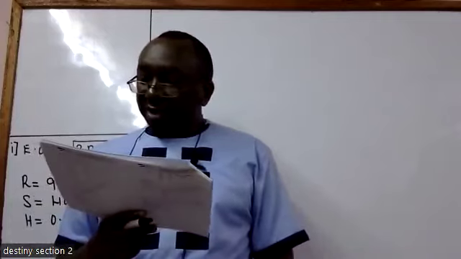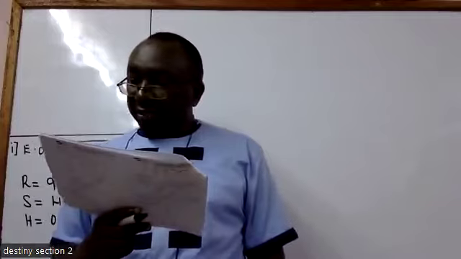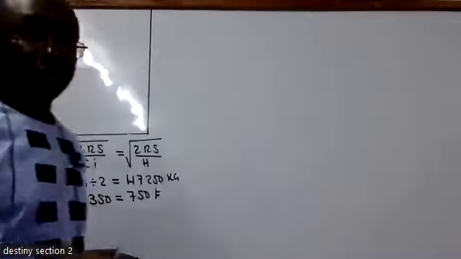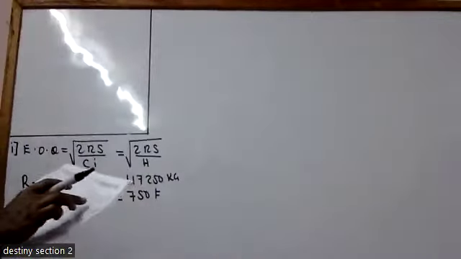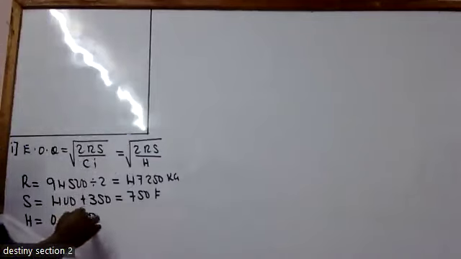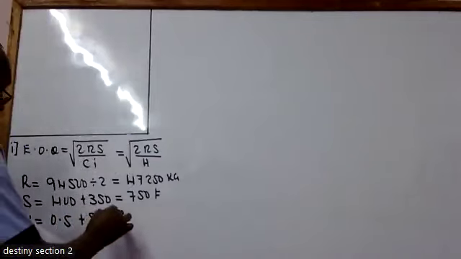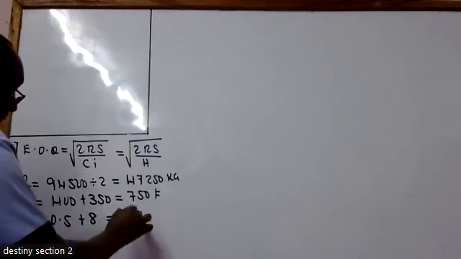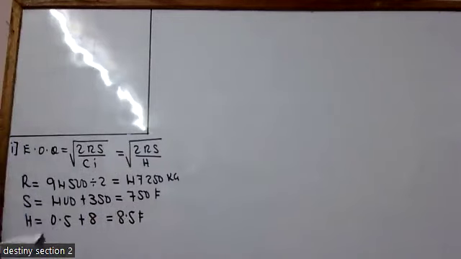So the investment cost is 8 shillings. That is part of holding. And again, you can see what I've said, it is expressed per kg. So plus 8, that gives us 8.5. So with that, we are good to go.